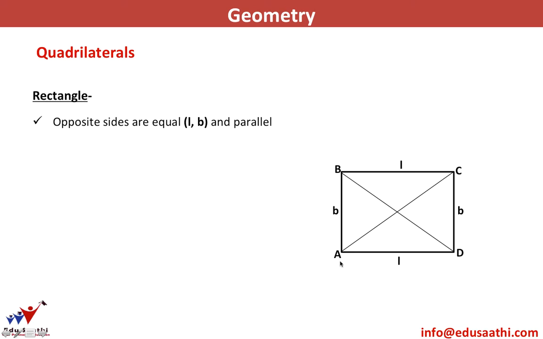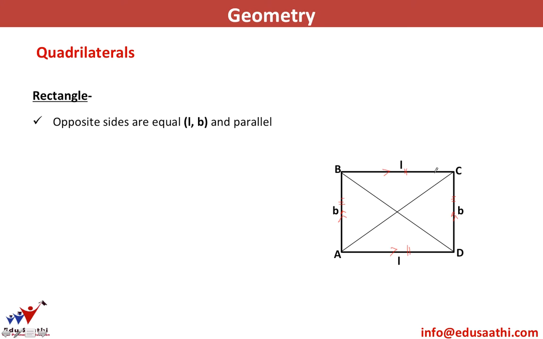If I look at the figure on the screen, AD is parallel to BC and AD is equal to BC. Similarly, AB is parallel to DC and AB is equal to DC. So only the opposite pairs of sides are equal and parallel, but the adjacent sides AB and BC are not equal, unlike the case of a square.